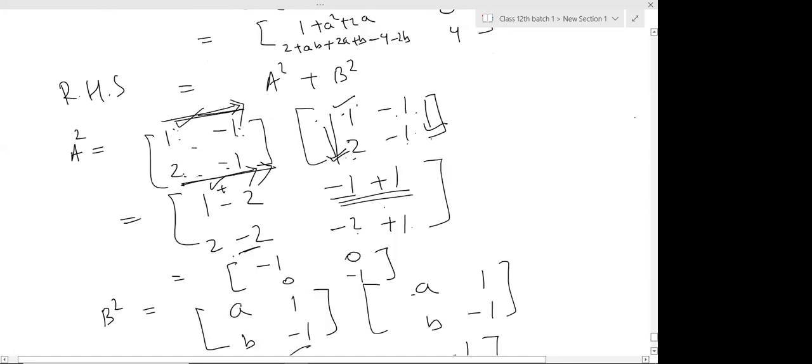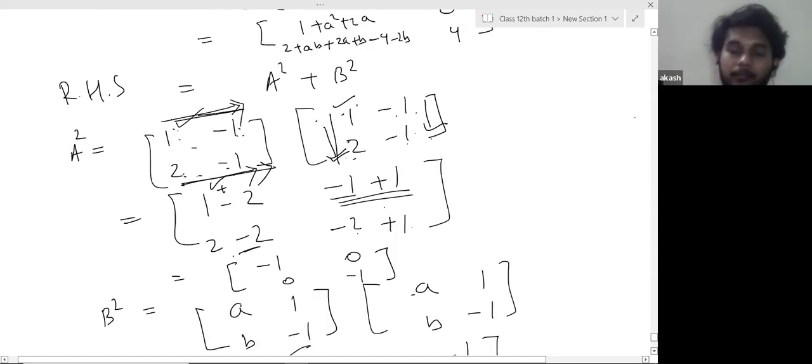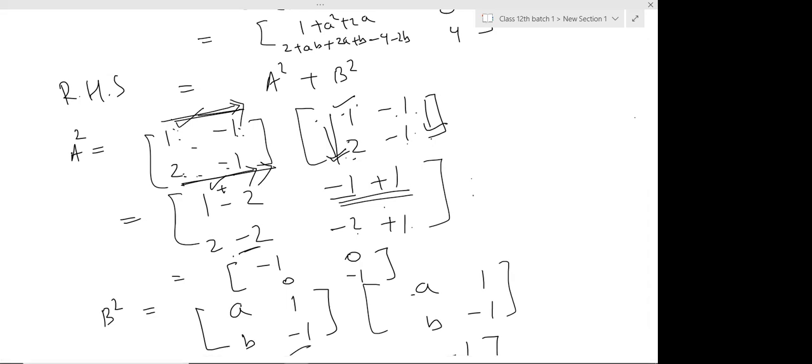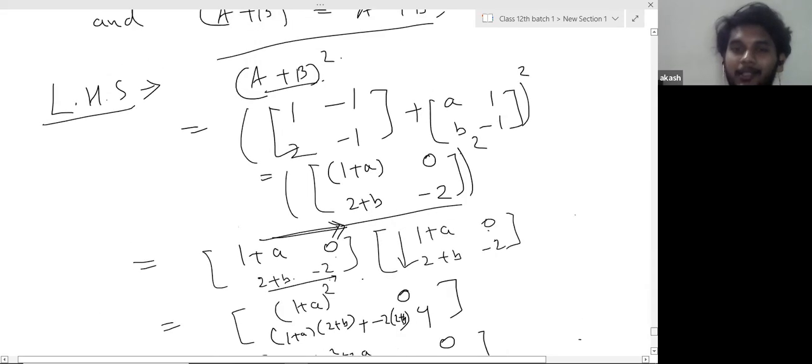All right. So this type of question will come. They will give you 4 marks or 3 marks for this type of question. So each step you have to do very clearly. One mistake and the whole question is wrong, right? If you commit a mistake early on, suppose I wrote -2 here, then no matter how much correct I do in the rest of the question, I'll get 0 marks.